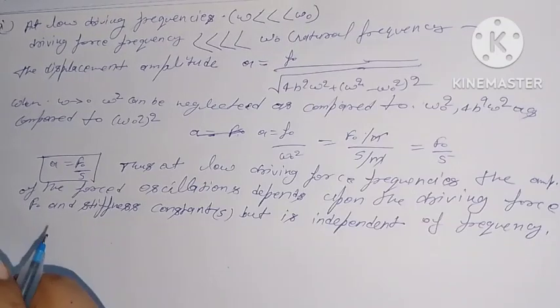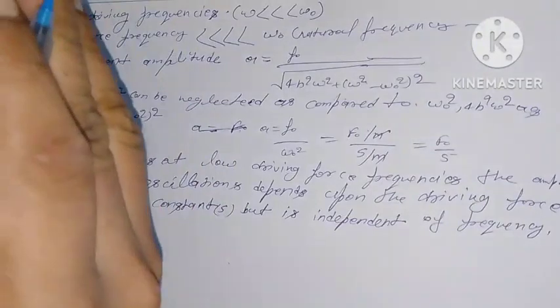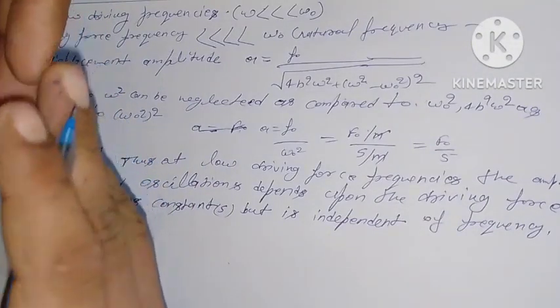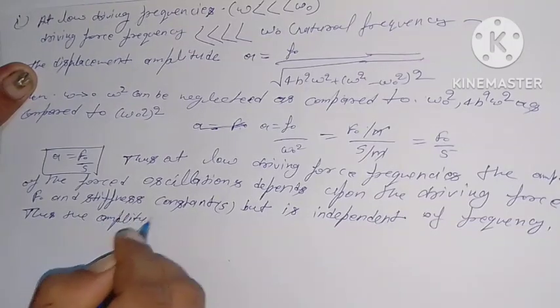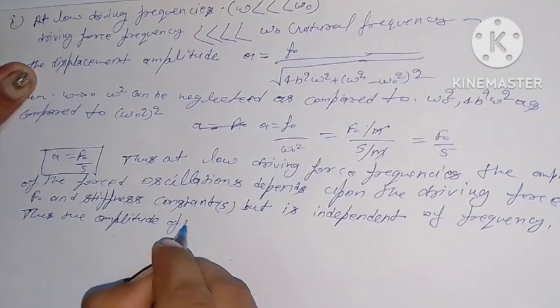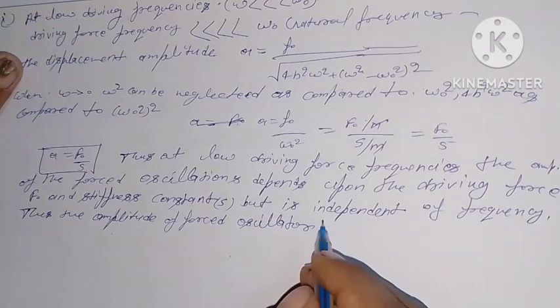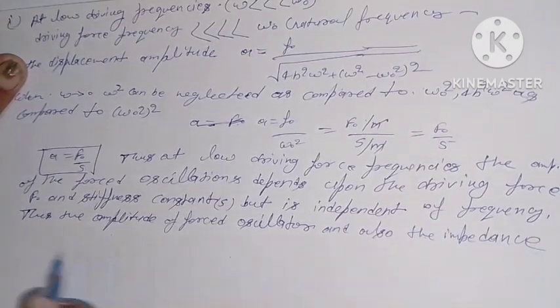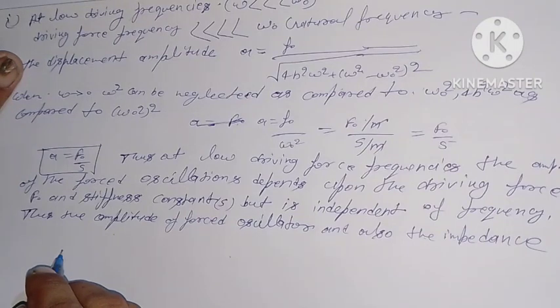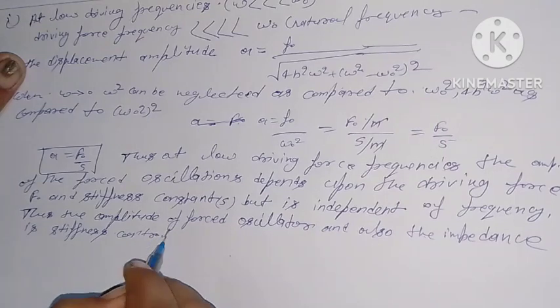Thus the amplitude of the forced oscillator and also the impedance is stiffness controlled, okay.